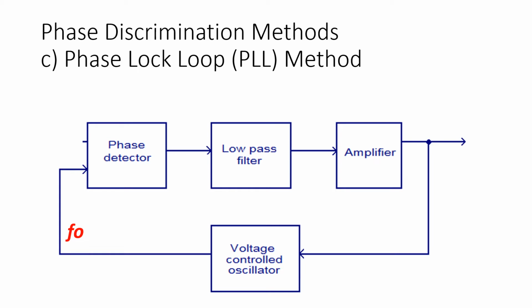When FM signal is applied to input, then PLL starts tracking or comparing input FM signal frequency and local oscillator frequency and generating equivalent voltage at its output proportional to phase difference between FM signal frequency and local oscillator frequency. This is demodulated signal.